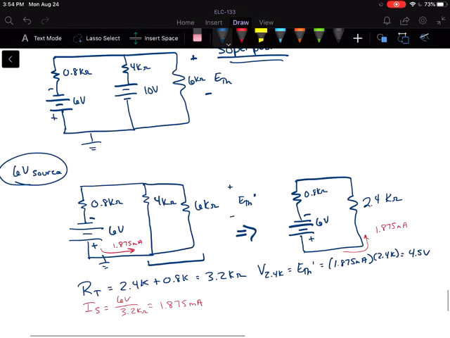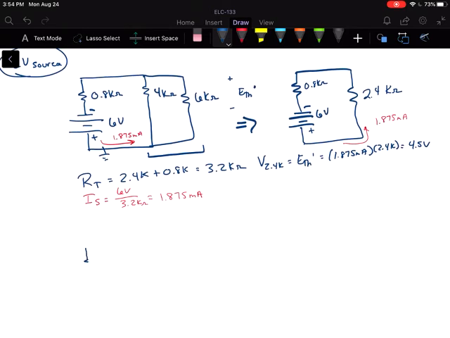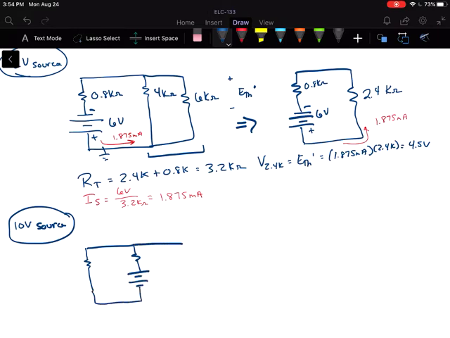Now, we need to find E Thevenin due to the 10-volt source. So I'm going to short out the 6-volt source now. And put back my 10-volt source. And it's basically the same problem, just a little bit rearranged.